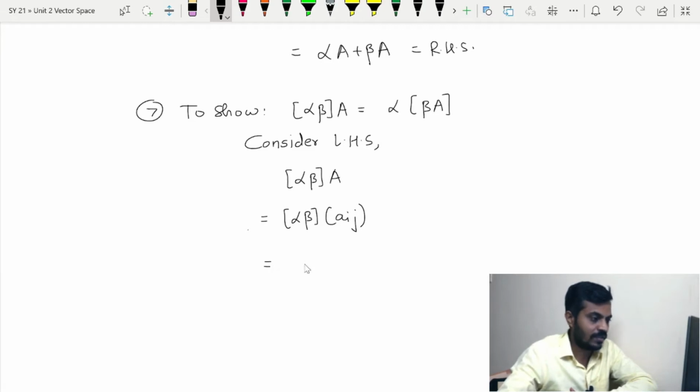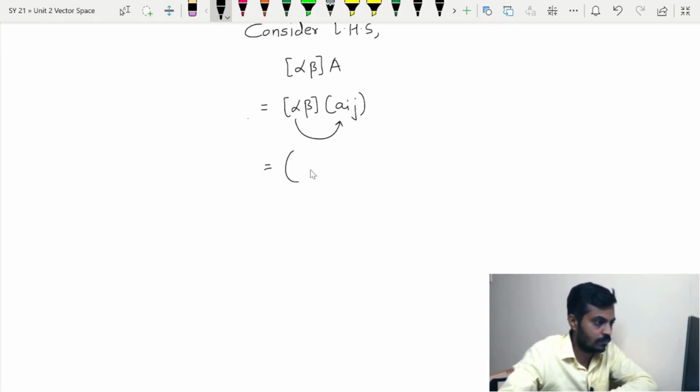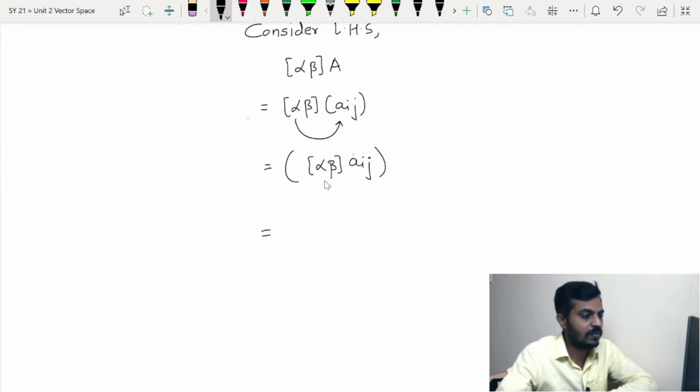Again it is a scalar multiplication, so put this scalar inside, so it will be this alpha beta and a_ij, which is equal to, now as explained before, alpha, beta and a_ij are all real numbers. So we can simply change the bracket.